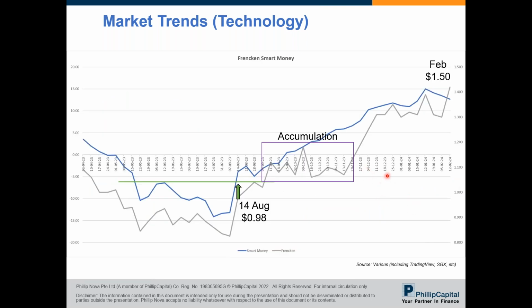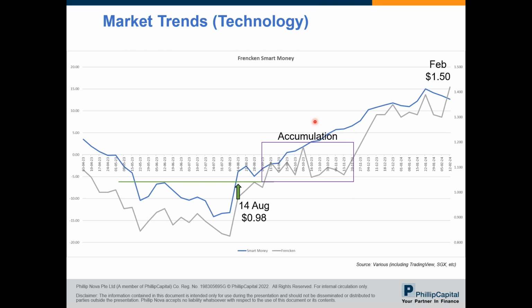Okay, another stock where we see this smart money phenomenon is this small cap or mid cap stock called Frencken Group. Frencken Group is a company that deals in analytical and life science, automotive, healthcare, industrial, and also semicon industries.